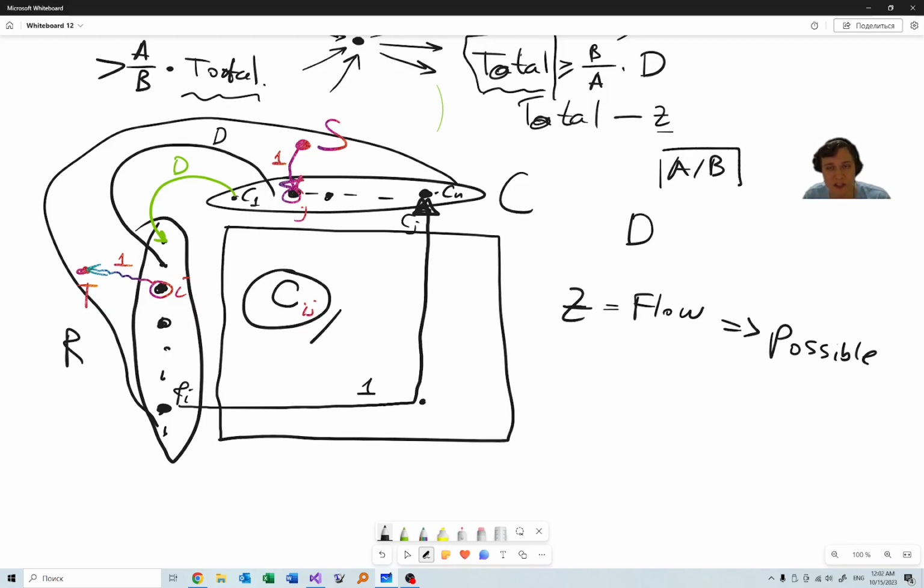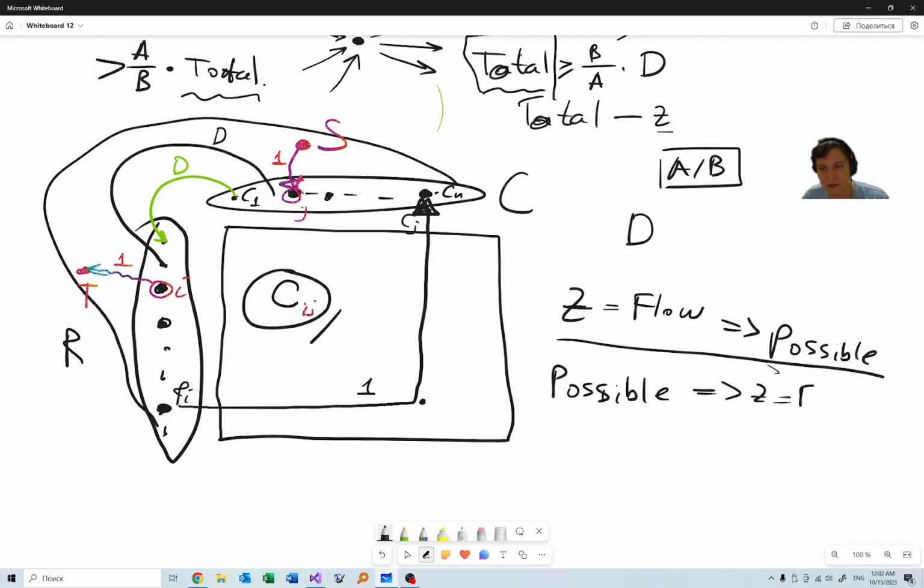So if we ignore this condition, then this is true and also this is true. So if it is possible to arrange some additional C's without checking the A-B condition, then Z equals flow.